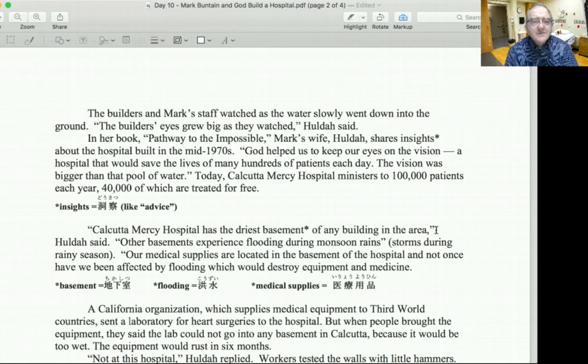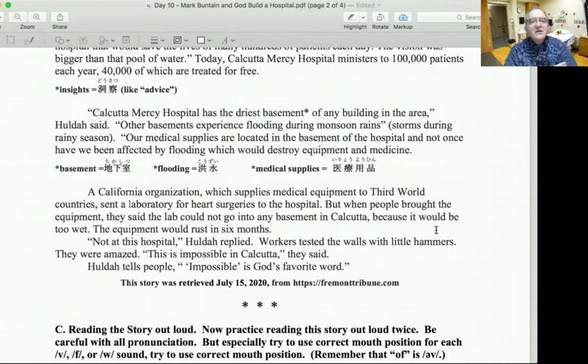"Calcutta Mercy Hospital has the driest basement of any building in the area," Hulda said. Other basements experience flooding during monsoon rains, storms during rainy season. "Our medical supplies are located in the basement of the hospital, and not once have we been affected by flooding, which would destroy equipment and medicine."